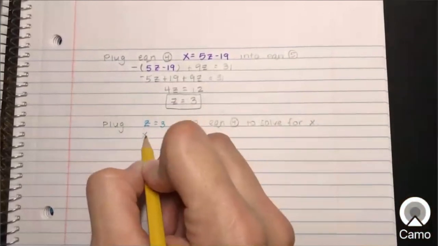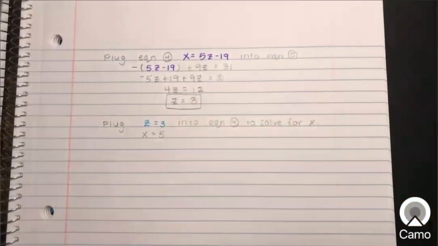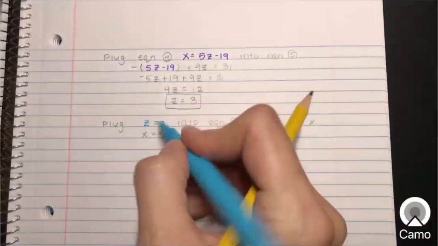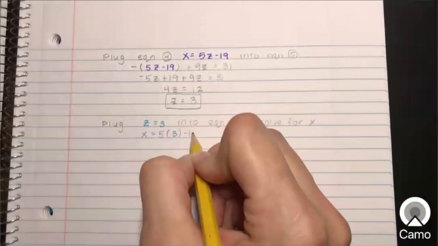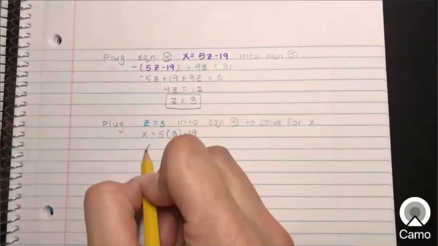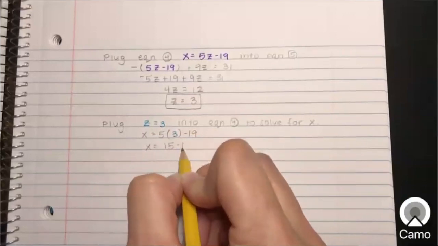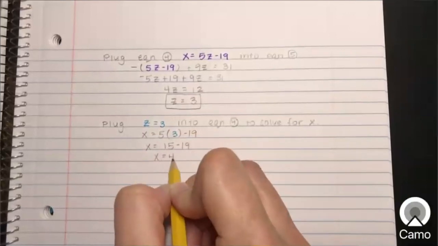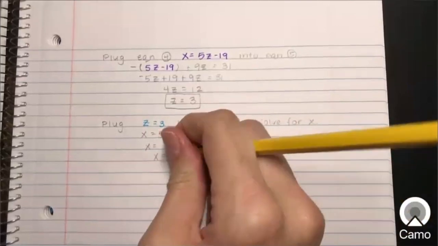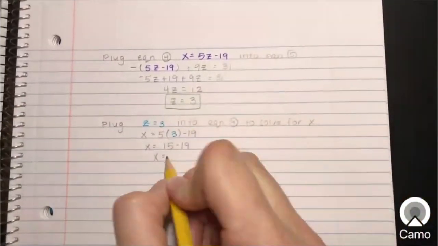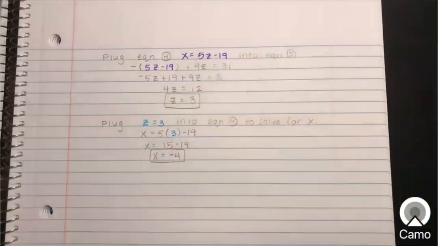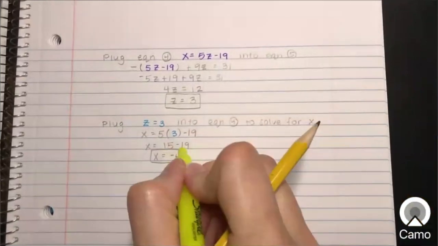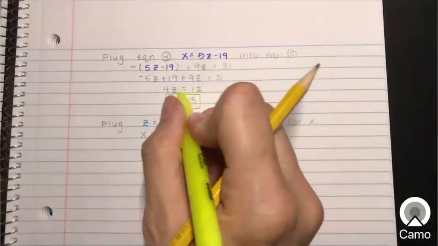So we have x equals 5 times z, which is equal to 3, minus 19. And x will equal negative 4. Okay, so now I have the next one. I have x equals negative 4, and I have z equals 3.